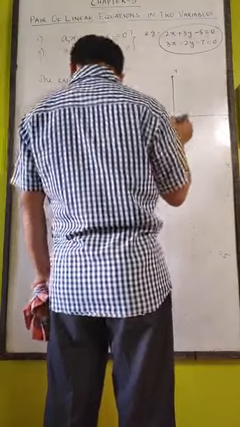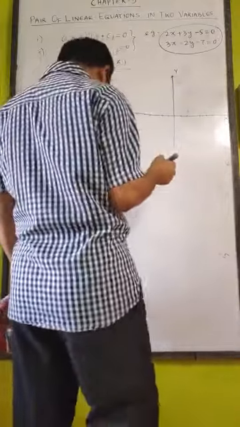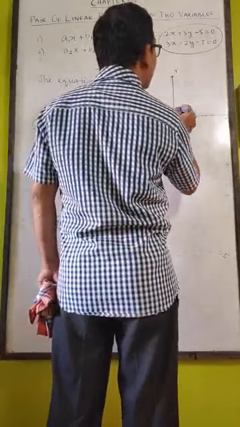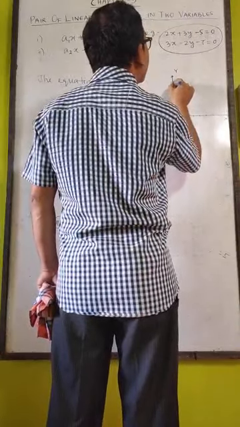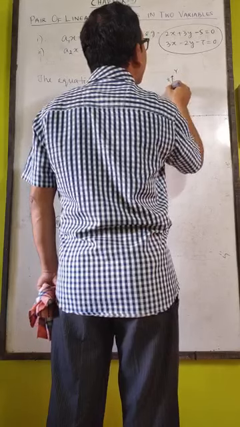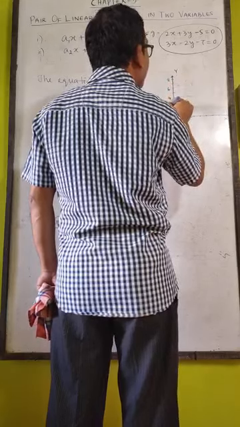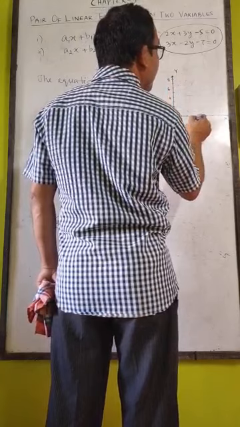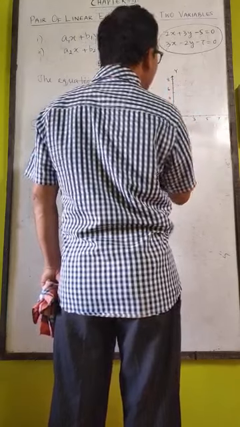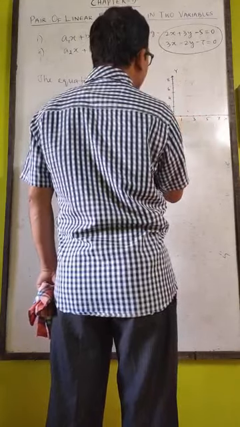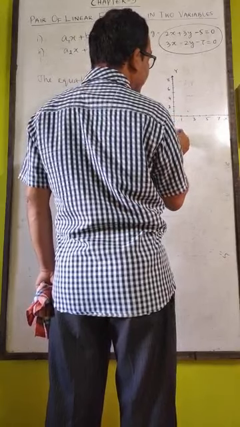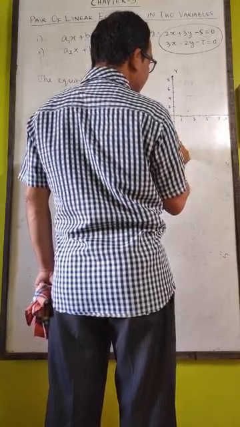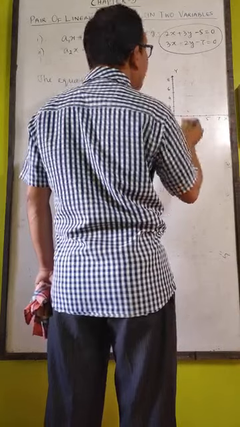And here you make for y: 1, 2, 3, 4, 5, 6, 7, 8. You can write your numbers this way also by skipping some of the numbers. If it's difficult to write all, you can continue like this.